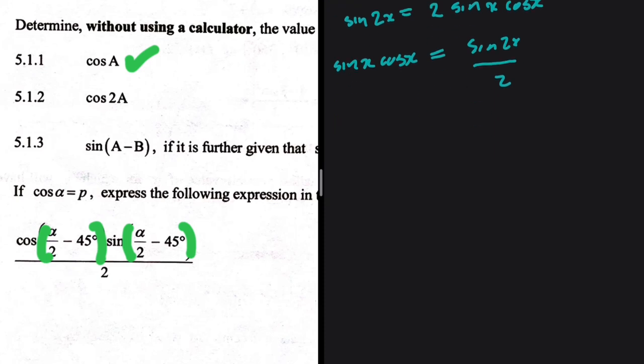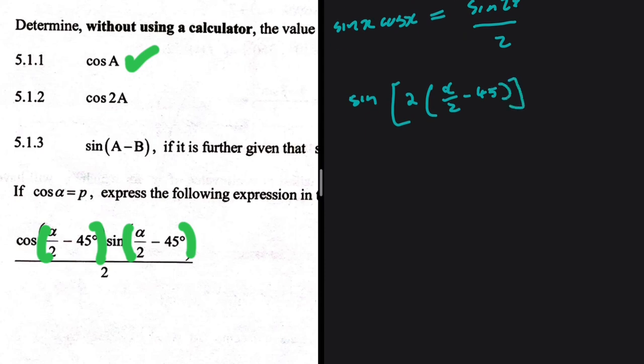Because here we have cos of what is inside the brackets here, and then we have sine of what is inside the bracket over 2, right? So sine of x cos of x is equal to sine of 2x over 2. So we want to use this in order to answer this question. So in our case, we have sine of 2, right? And then x is alpha over 2 minus 45. This is what we have in our case.